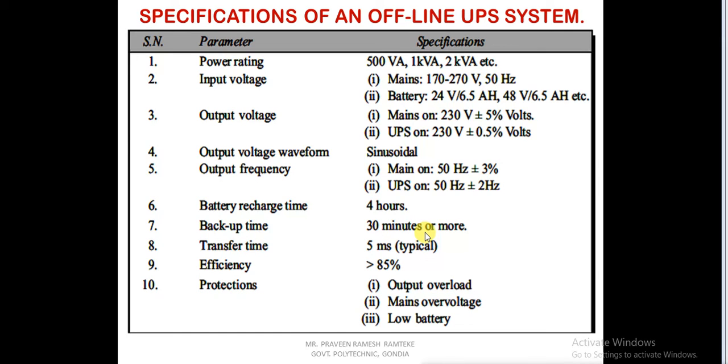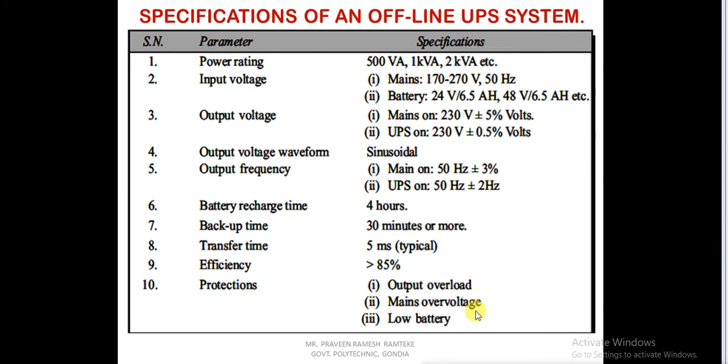Transfer time is approximately 5 milliseconds. It should not exceed 5 milliseconds. If the duration is 5 milliseconds or more, then it cannot be called an uninterruptible power supply. Efficiency has to be greater than 85%. It must provide output overload protection and mains overvoltage protection.